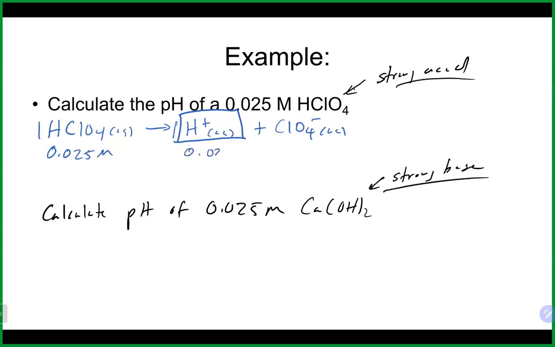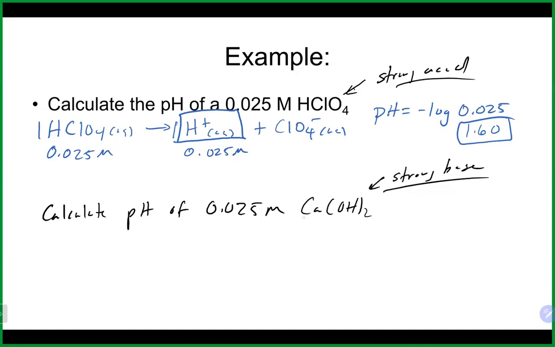That would mean that our H plus concentration would also be 0.025 molar. And that's all we need to go into our pH: minus the log of 0.025 gives us a pH of 1.60, I think. And that is acidic, which is good because that is an acid. Any questions on that one?